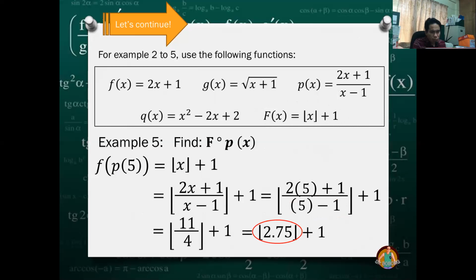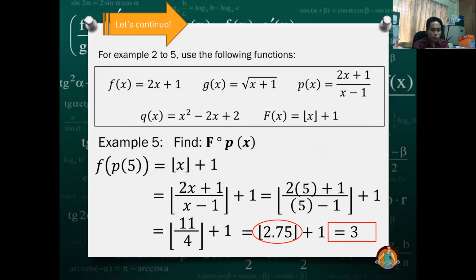So, the floor function of 2.75, pag sinabi natin floor function, we are going to get the greatest integer of 2.75. So, sa 2.75, saan dyan yung integer? Is it 2 or 0.75? Of course, that is 2. So therefore, the floor function of 2.75 is 2. So 2 plus 1 will give us 3, and that will be our final answer.